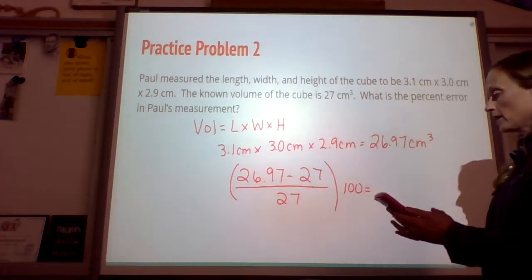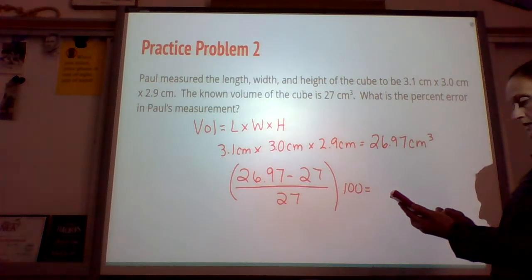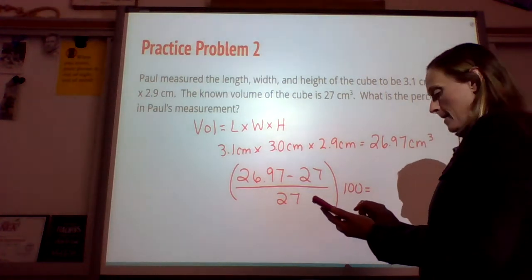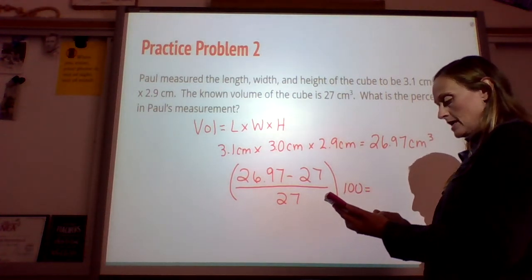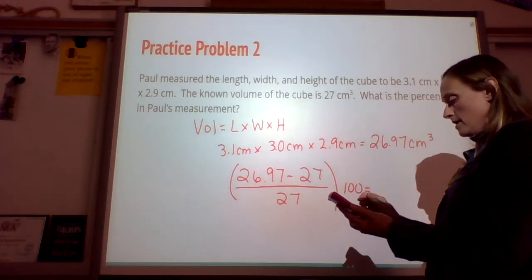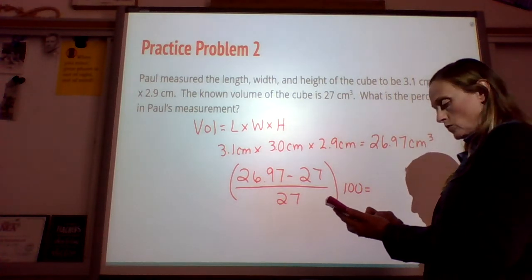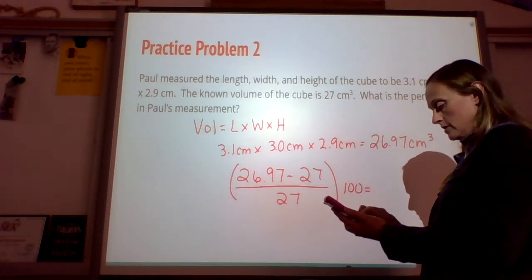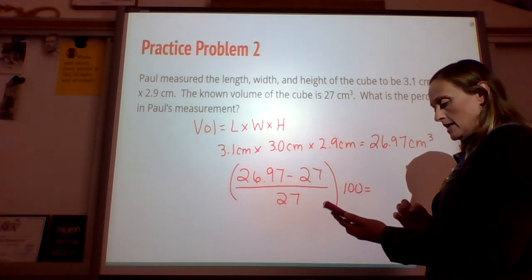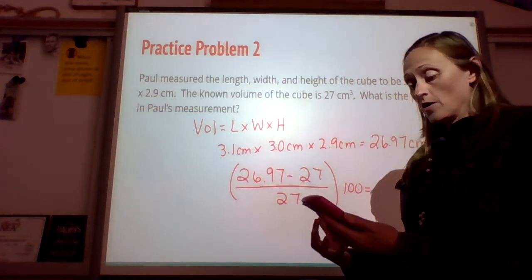So we'll get our calculator out. 26.97 minus 27. Enter. Divided by 27. Enter. Times 100. Enter. And we will get our percent.